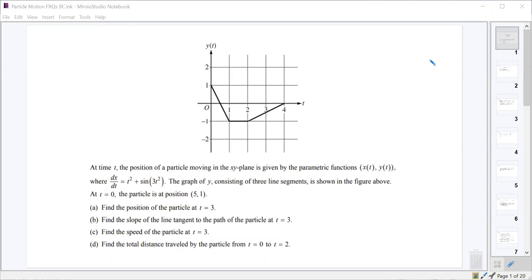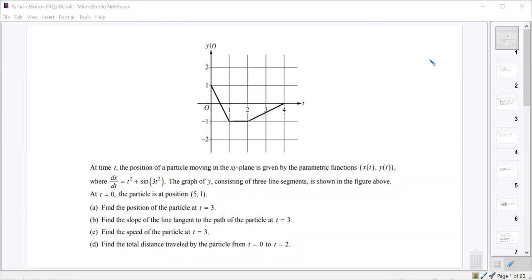And we know that at t = 0, the particle is at a position of 5, 1. So first thing they want to know is the position of the particle at t = 3. So we are effectively needing to find the value of x of 3 and of y of 3.